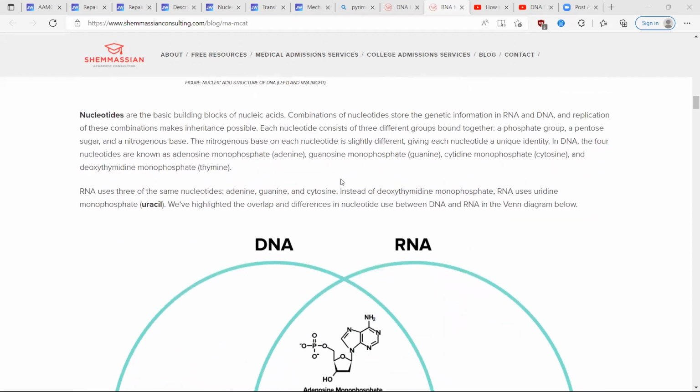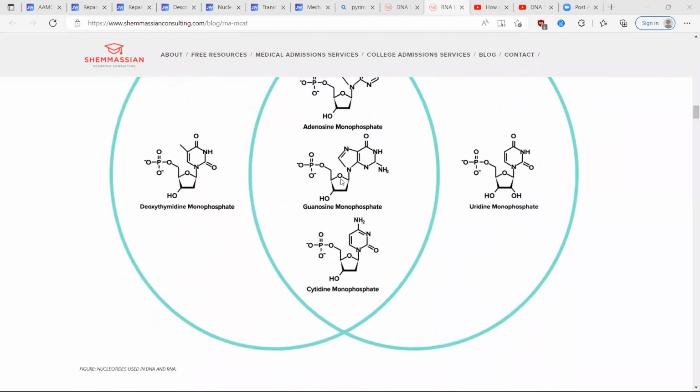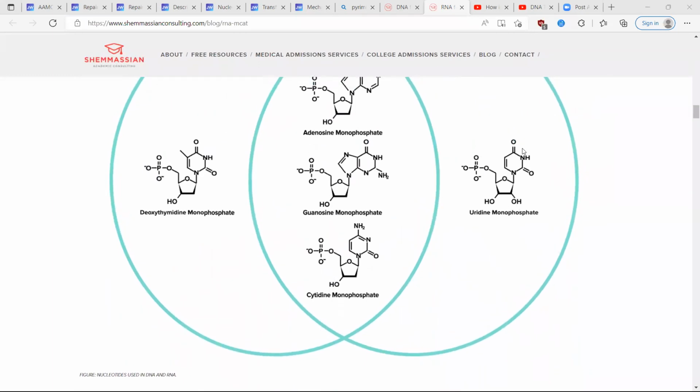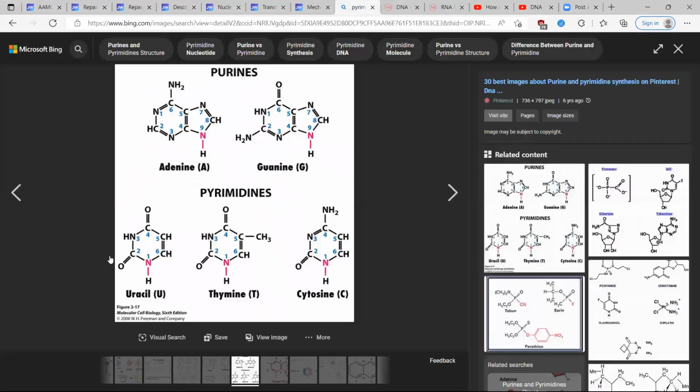Now, the other thing that sets apart RNA is that, well, there's two other things. The first thing is that we have uracil. I think we showed earlier, uracil is the unmethylated version of thymine. So we have ATCG for DNA, and we have AUCG for RNA.